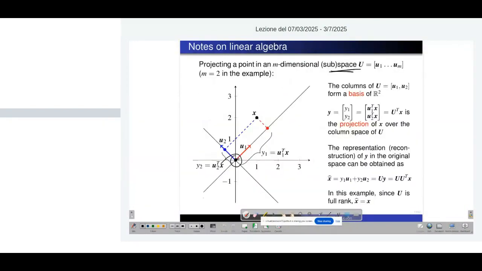Because, for example, I may ask myself whether I should project a point over this u-axis, but I can also decide to project the point over the line defined by this equation. I can represent a surface that in 1 dimension corresponds to a line, and I can say, okay, let's project my x not on a new subspace but on this surface.